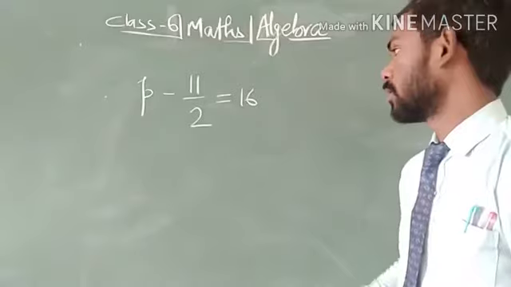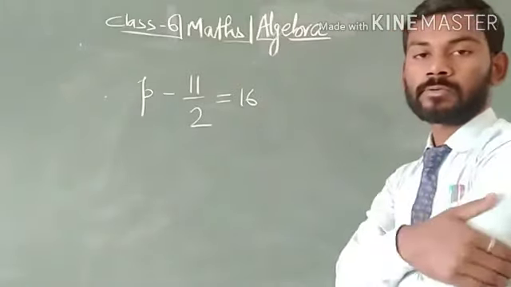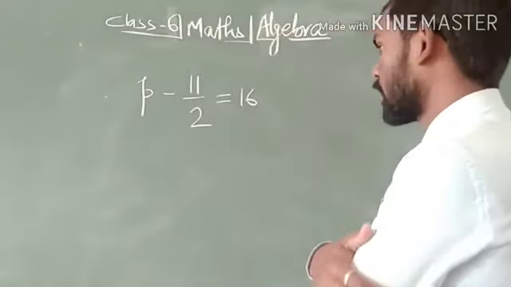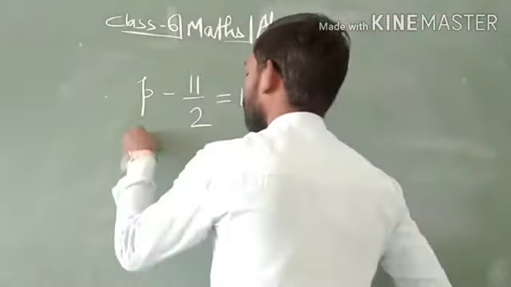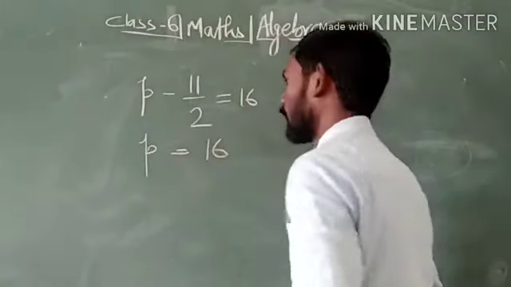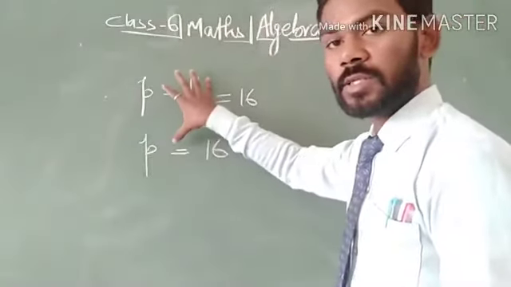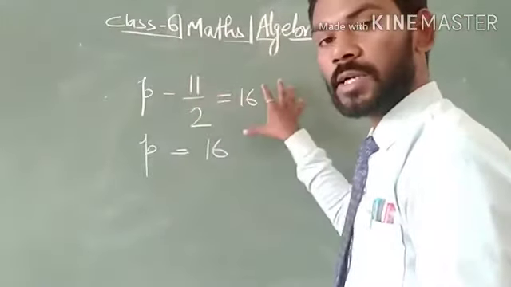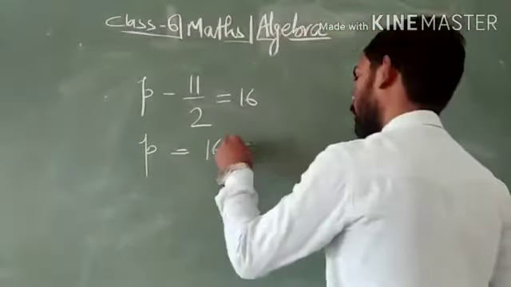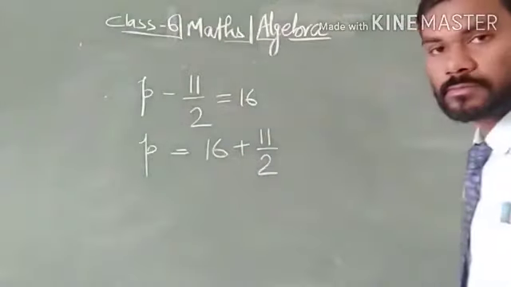Now here we shall transfer 11 by 2 to the right hand side. So we get p is equal to 16, and this has a minus sign, so when this term goes to the right side it becomes positive and we get plus 11 upon 2.